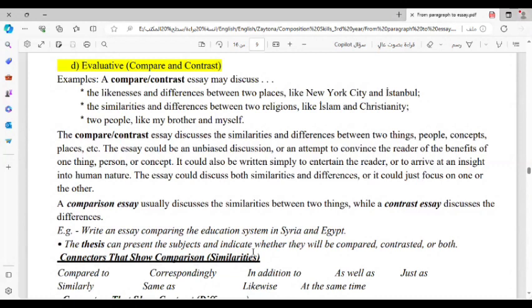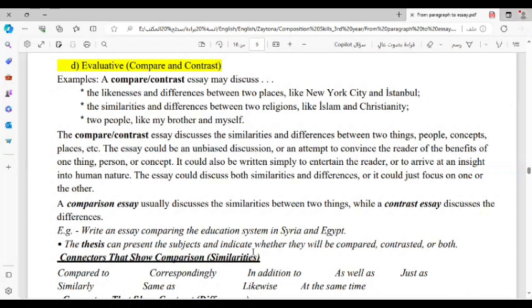Maybe I will ask you to compare life in the city and life in the countryside. Here I need you to talk about the similarities in the city and in the countryside, the similarities between those two places. What are the similarities, from your point of view, between living in the city and living in the countryside?